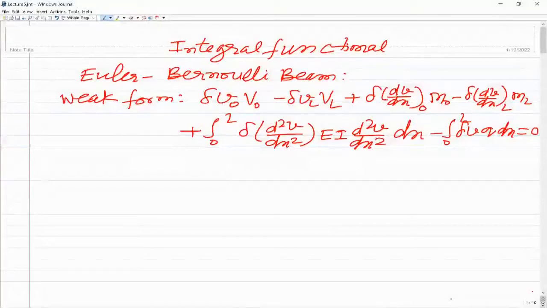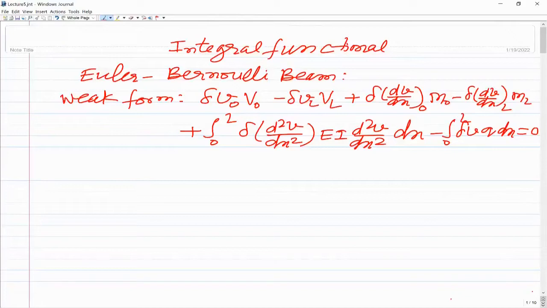You will find that the weak form can be derived for any problem, and the aim is always to equally distribute the derivative between the weight function and the unknown variable. If the differential equation, say a 1D problem, involves even order derivatives, then we can equally distribute the derivatives between the weight function and the unknown variable.